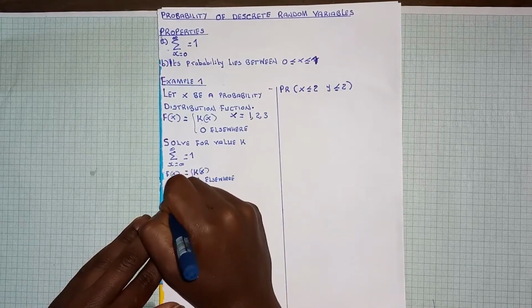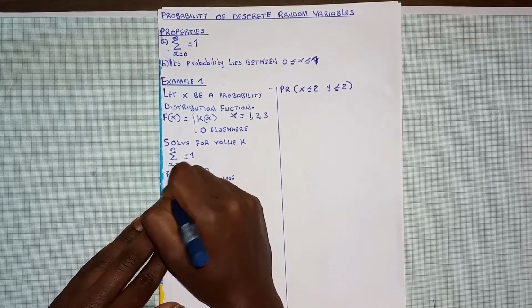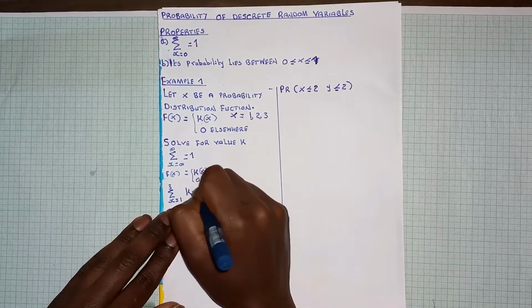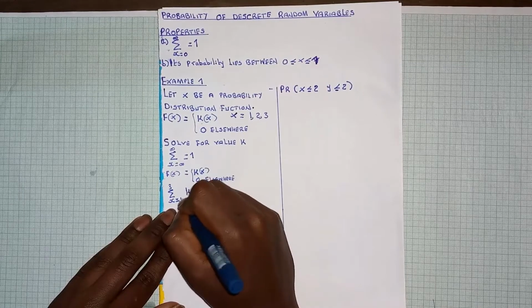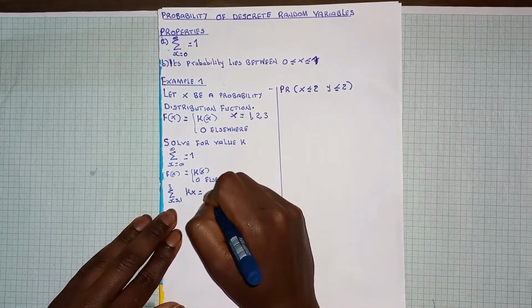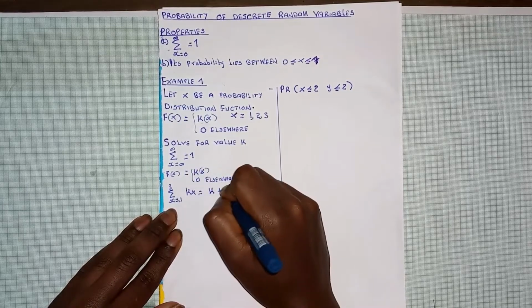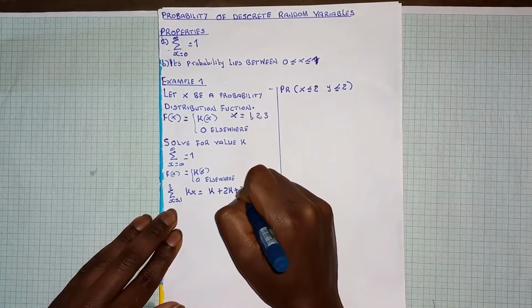Summation of kx for x equals 1 up to 3. When we substitute the values of x in this function, when x is equal to 1 we get k, when x is equal to 2 we get 2k, and when x is equal to 3 we get 3k.